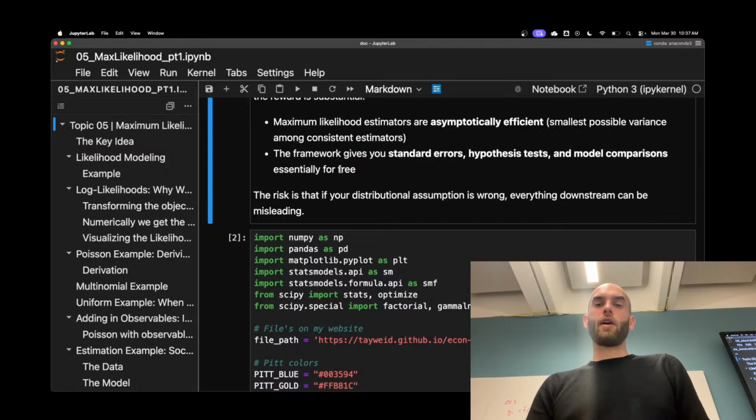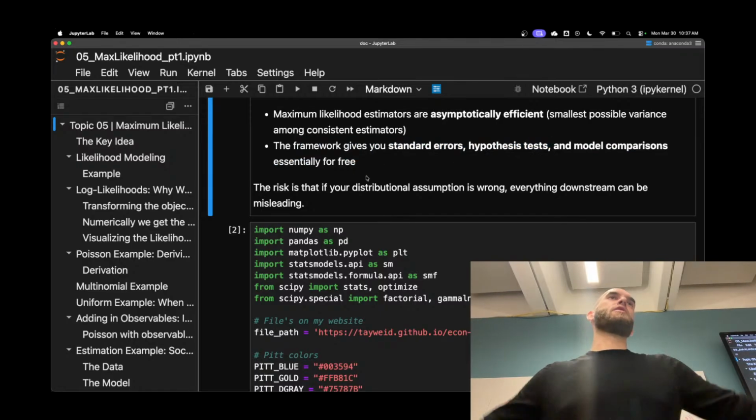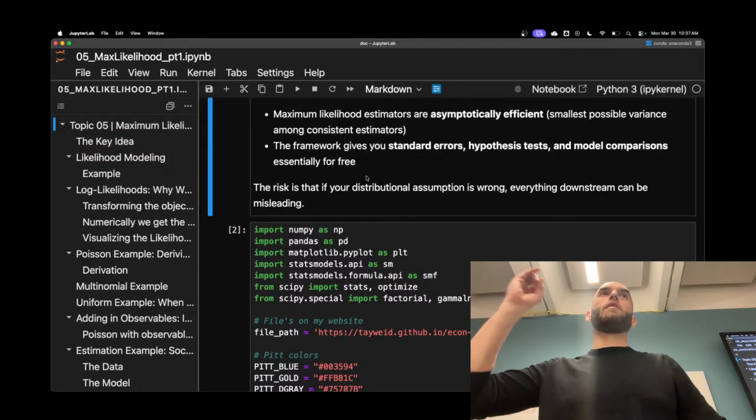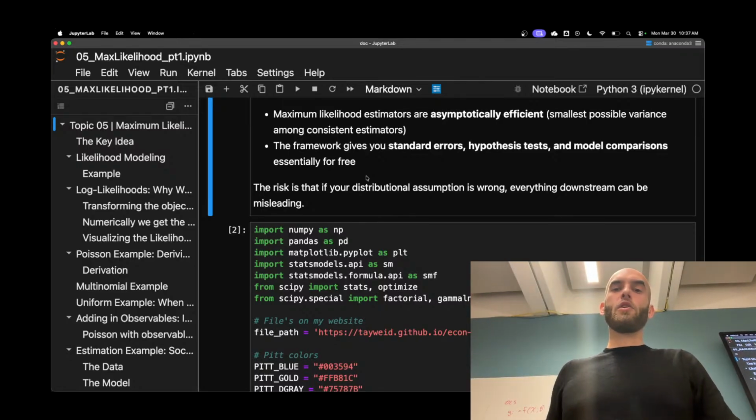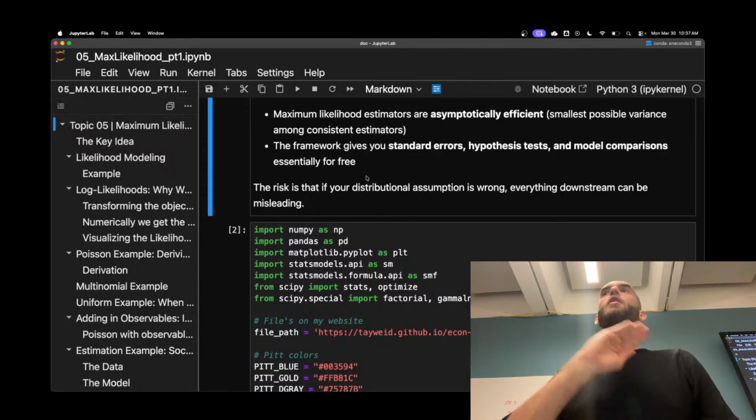You can have smaller variance if you're not consistent. And this gives us the standard errors. We can use standard errors for our hypothesis tests, and it allows us to make nice comparisons between models right off the bat.